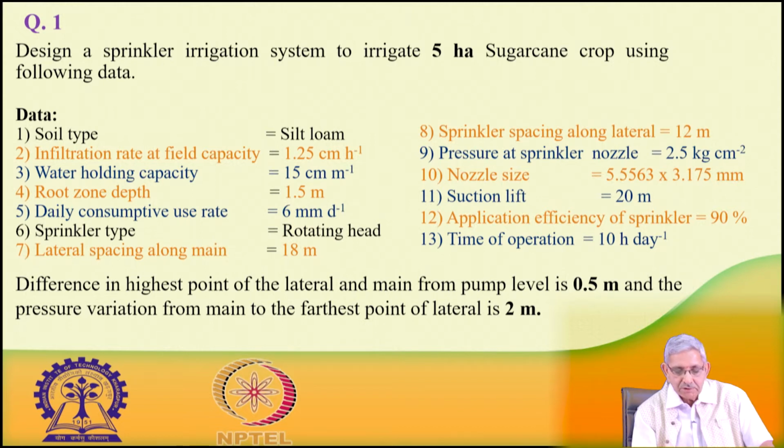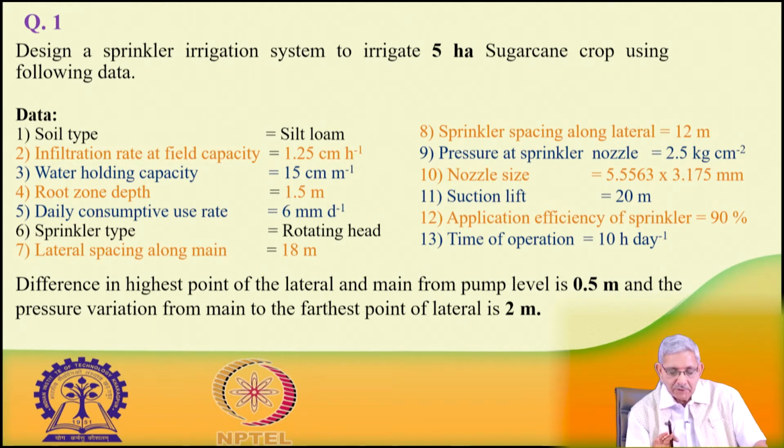The soil has water holding capacity of 15 centimeter per meter depth of the soil. Root zone depth of the crop is 1.5 meter. Daily consumptive use rate is 6 millimeter per day, means every day 6 millimeter of water is used by the crop for meeting the evapotranspiration requirement.